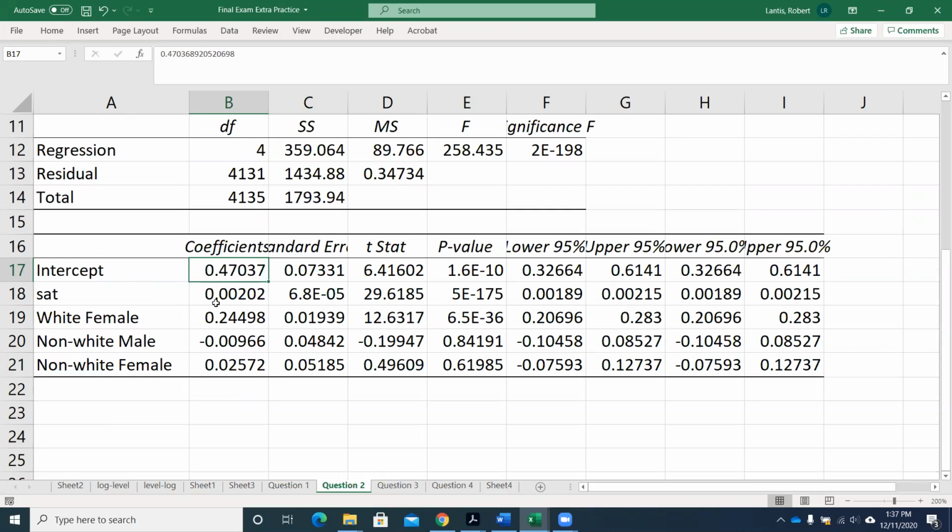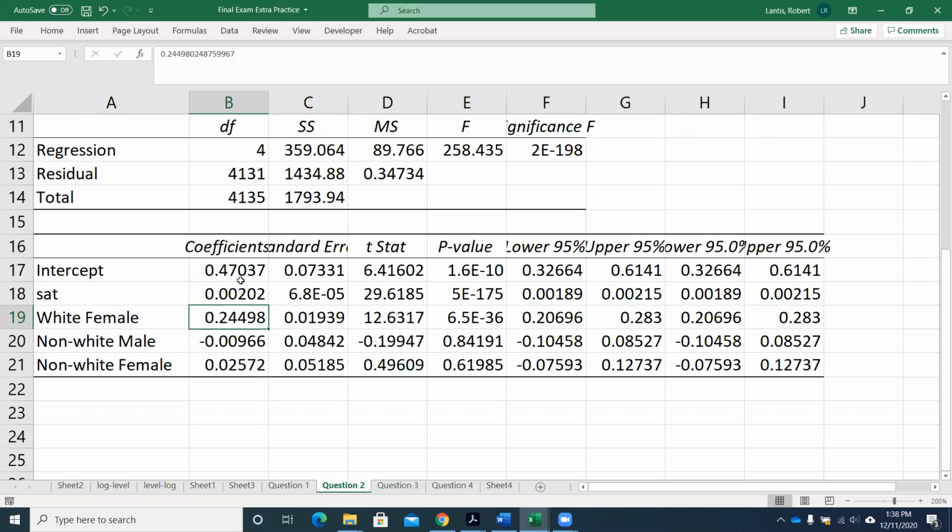So here, if every other variable was 0, we have 0 for white female, non-white male, non-white. Basically the individual would have to be whatever group we left out. So if the individual was a white male with an SAT score of 0, their predicted GPA would be 0.47, right? Does that make sense?